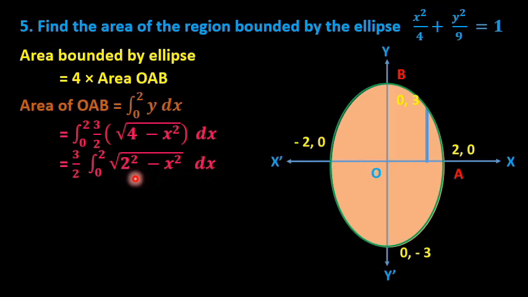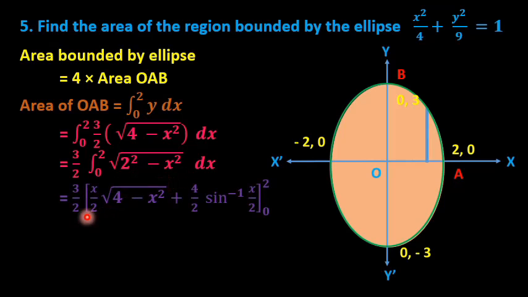So here we need to apply the formula for the integration of under root a square minus x square. After using that formula, we get 3 by 2, and using the formula we get x by 2 under root 4 minus x square plus 4 by 2 sin inverse x by 2, from 0 to 2.